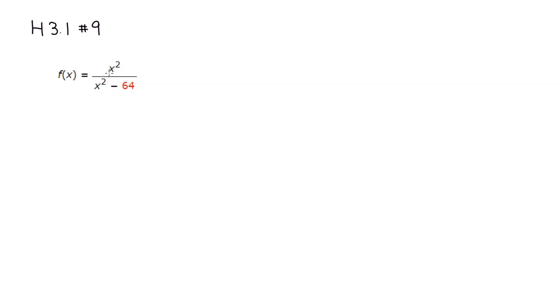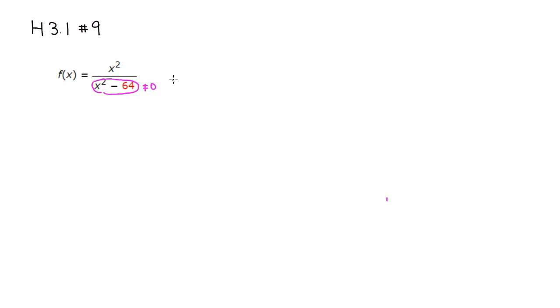Since you have a fraction, we have to make sure that the denominator is non-zero. So we want x squared minus 64 to be non-zero, right?